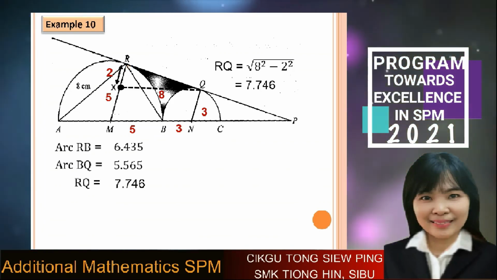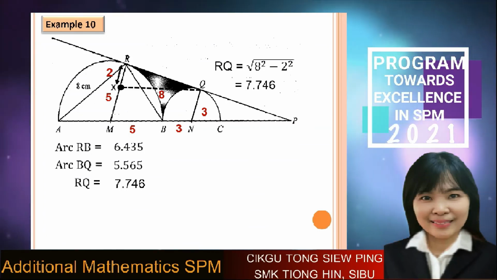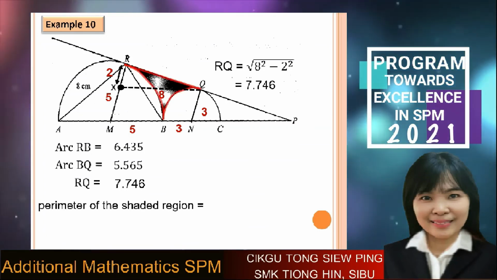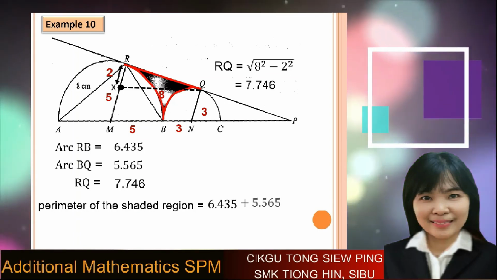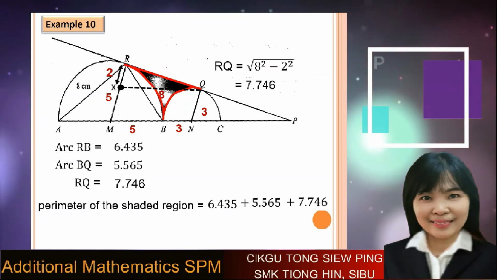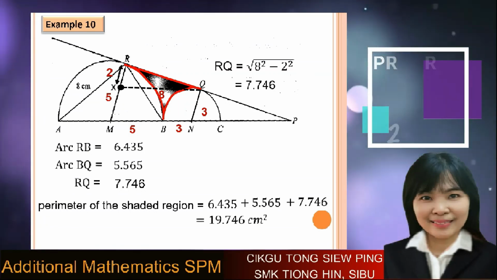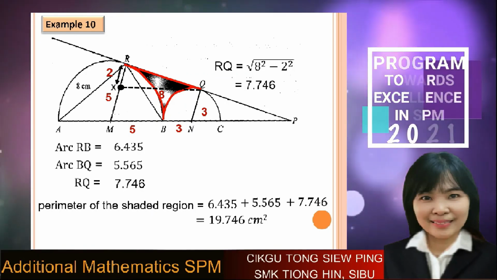Now we have all this information. We can calculate the perimeter of the shaded region, that is the sum of 6.435 with 5.565 and 7.746, and the final answer is 19.746 cm.